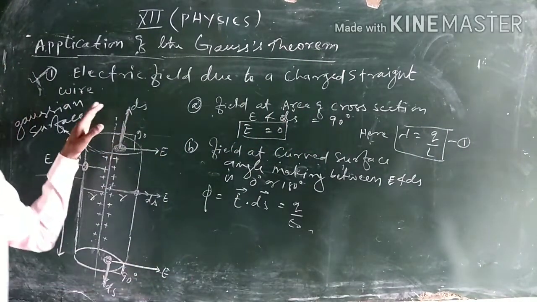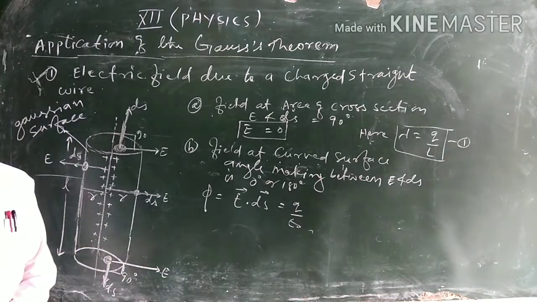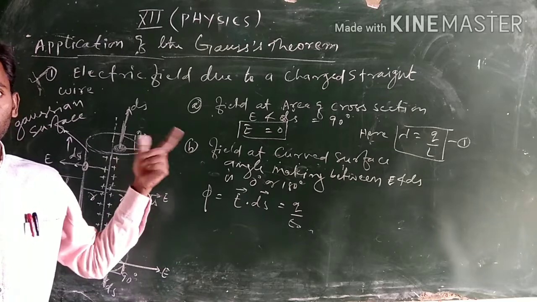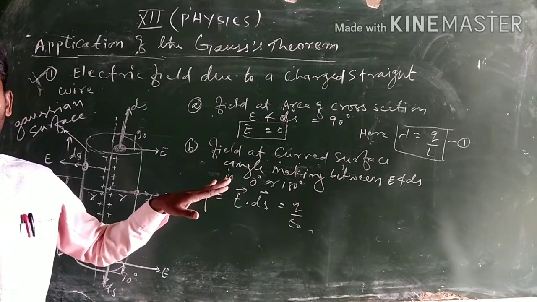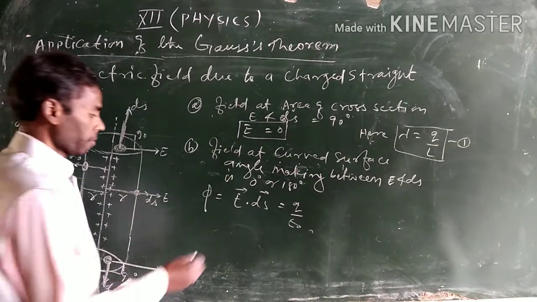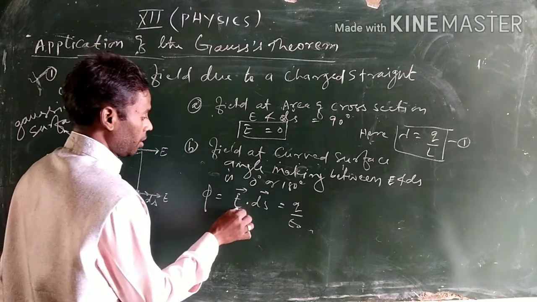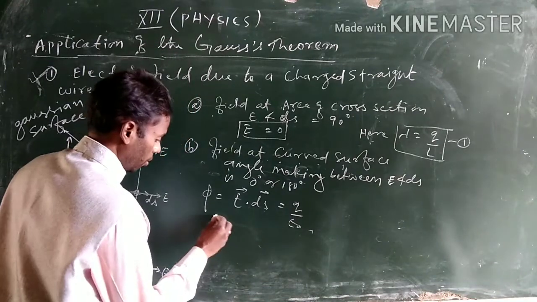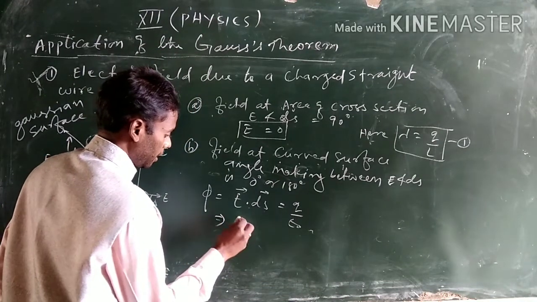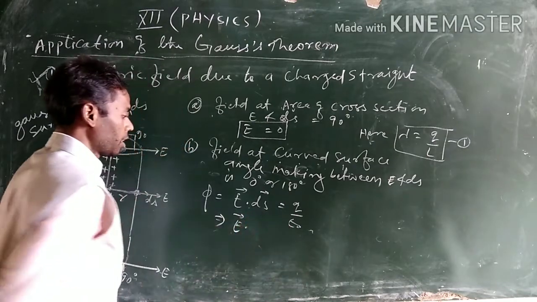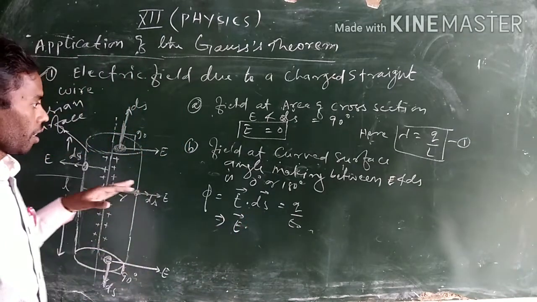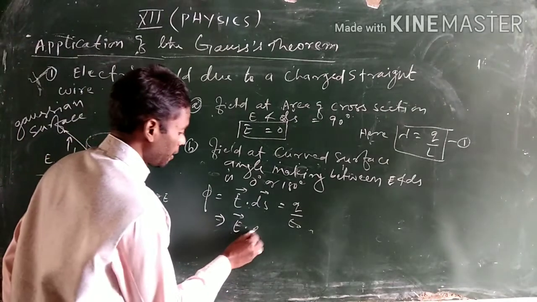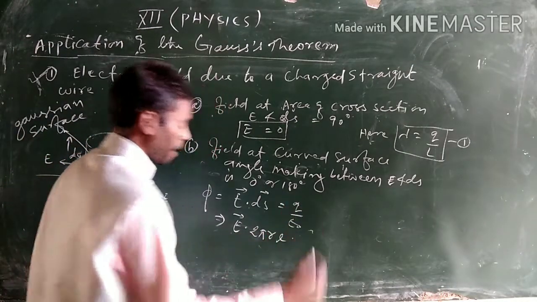Because we are taking the length of a wire. In linear charge density we have already learned charge per unit length, right? For this one, our phi is equal to E dot ds is equal to Q by epsilon naught. Our E into ds, that means we have to take the area of the curved surface of this cylinder, that is 2 pi RL.